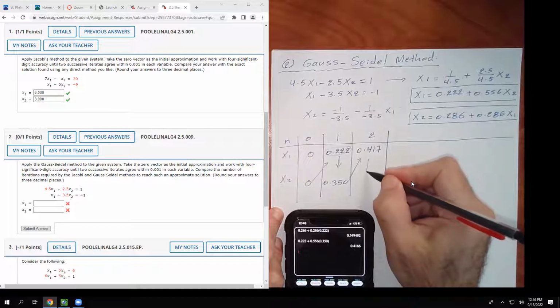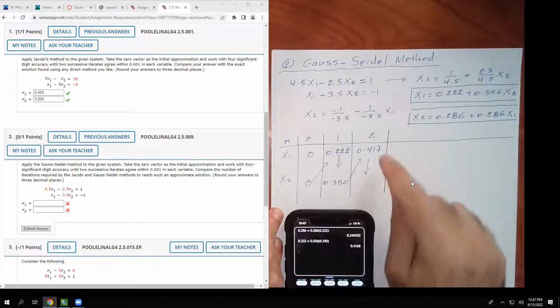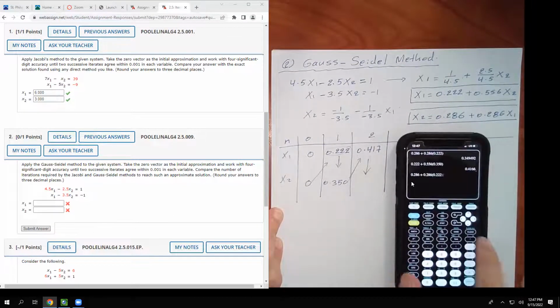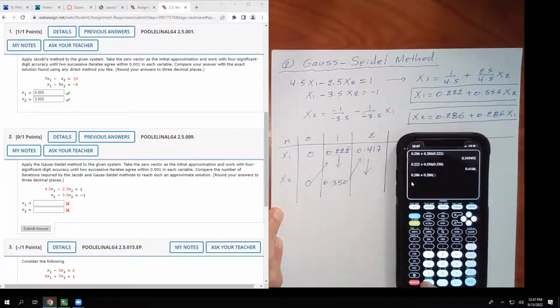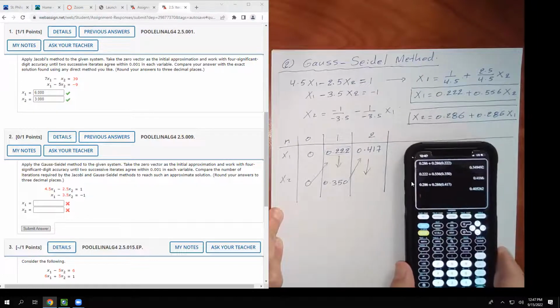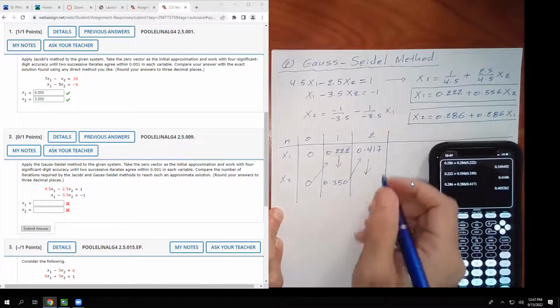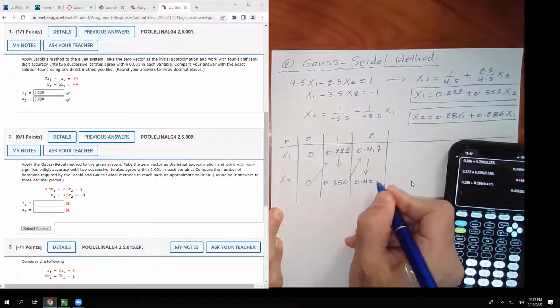We're going to find x2. So I'm going to plug this value into the x2 equation, changing this number to 0.417, and it's going to be 0.405.